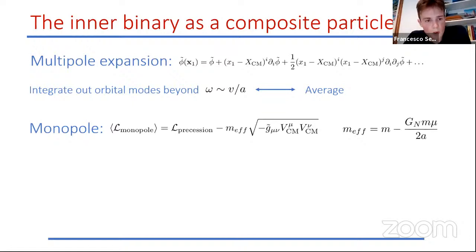And what we see at the level of the monopole is that indeed this effective action has only 2 worldlines. The worldline of the third body, which was not touched by this integration of short modes, and then a worldline that follows the center of mass of the inner binary, and which corresponds to a particle whose mass is the total mass of the inner binary plus the binding energy.